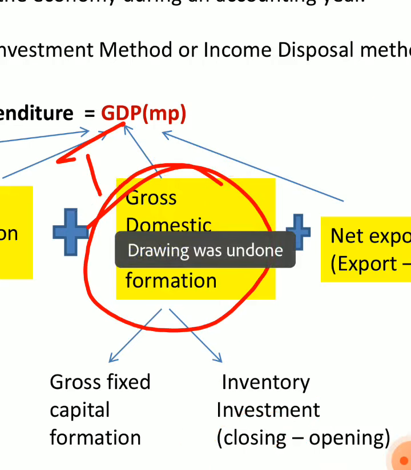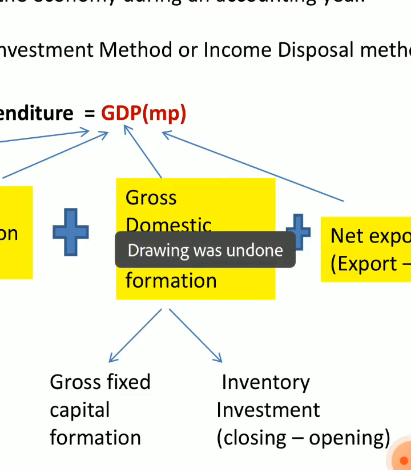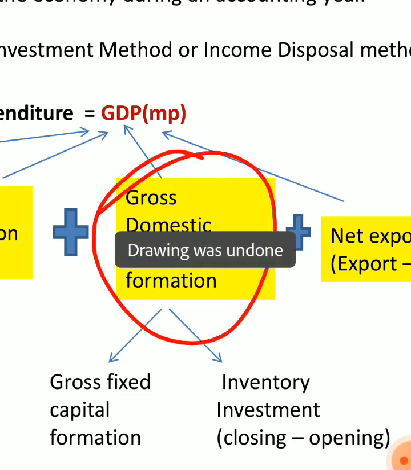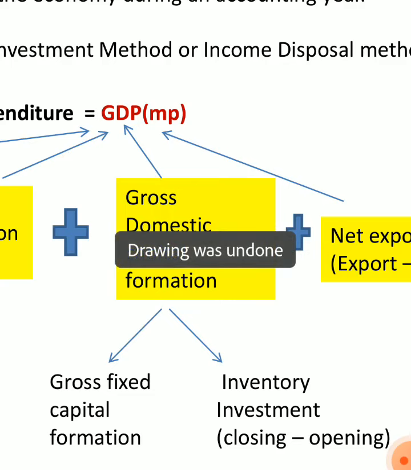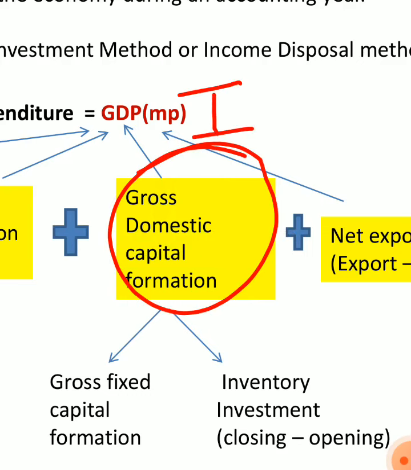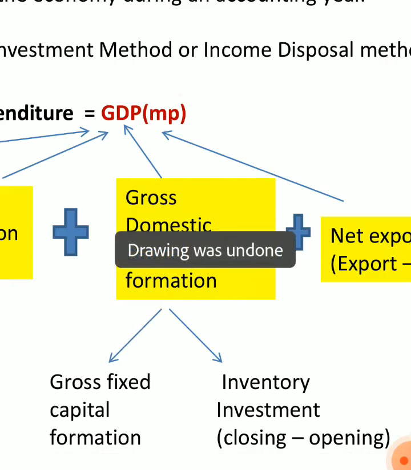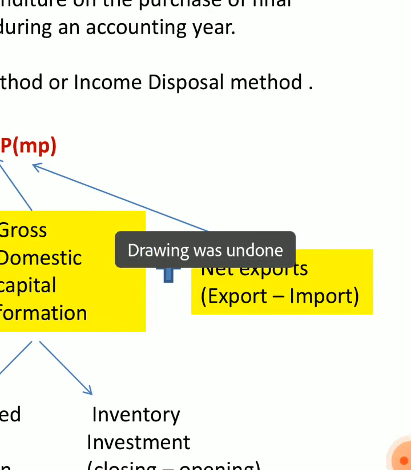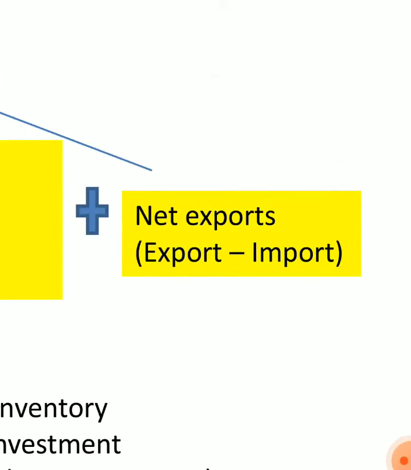After adding this, gross domestic capital formation is denoted by I. And the last thing we have to add is net exports.